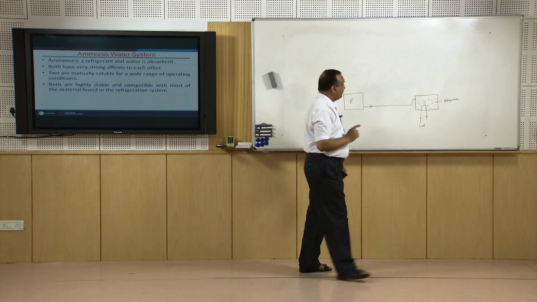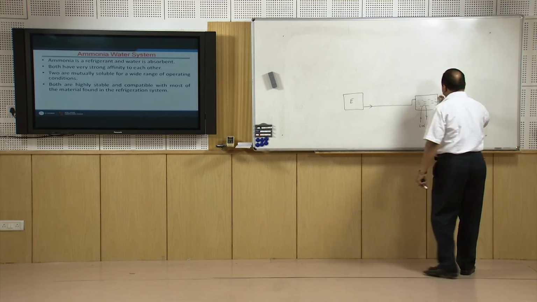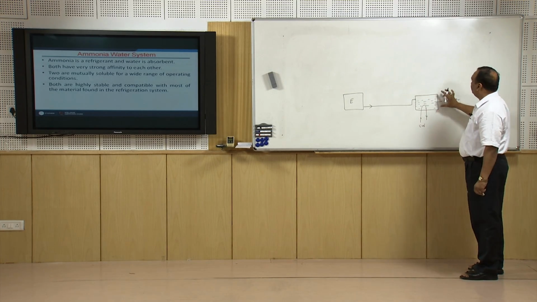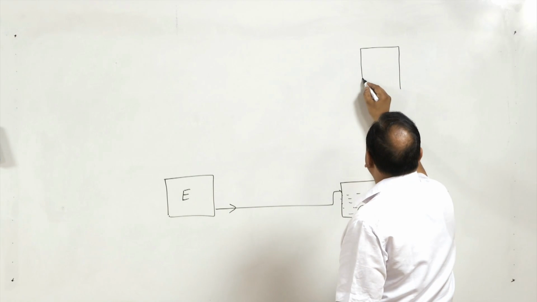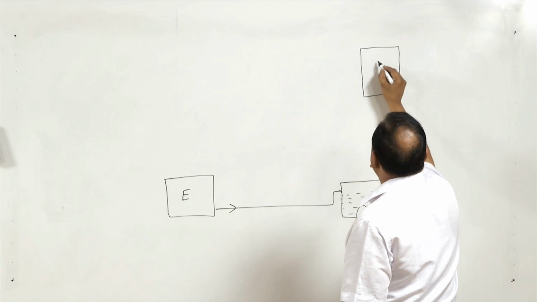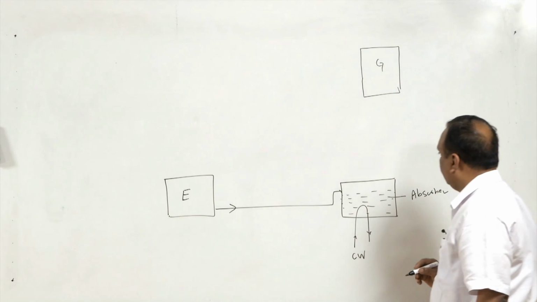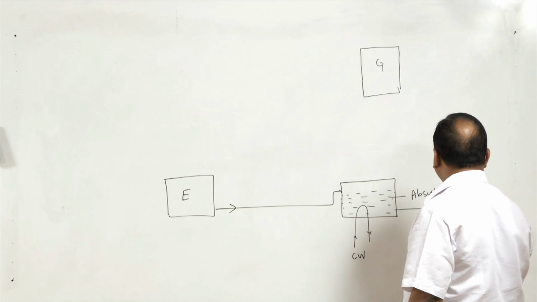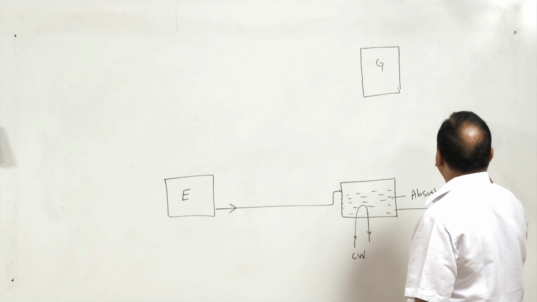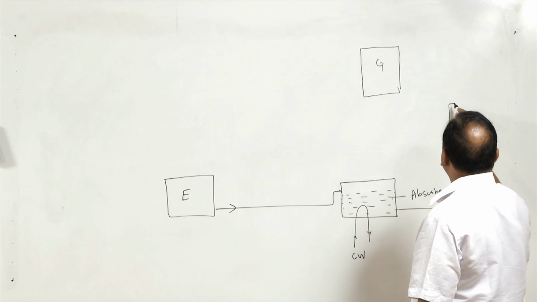Now, the pressure of this absorbed solution has to be increased, normally 10 times, with the help of a pump, and there is a generator in the system. The ammonia water mixture is pumped to the generator with the help of a small pump.